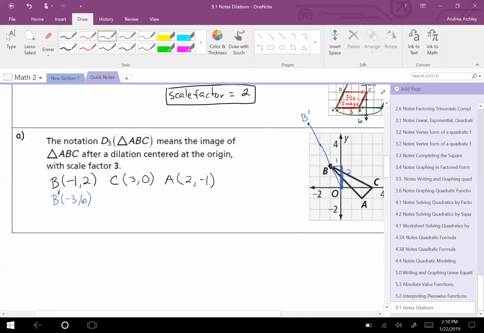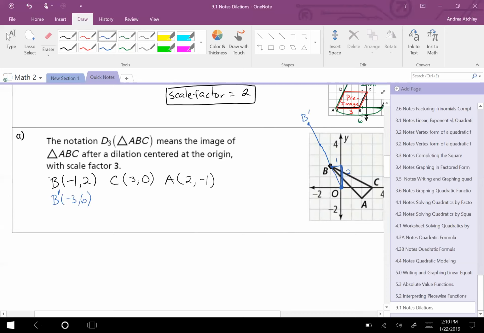Yeah? I counted, so I went over to the X value, which is at -3, and then I counted up 1, 2, 3, 4, 5, 6. That's how far up I had to move. No one sees the relationship there? Very good.